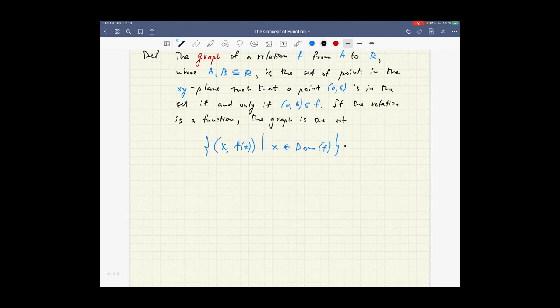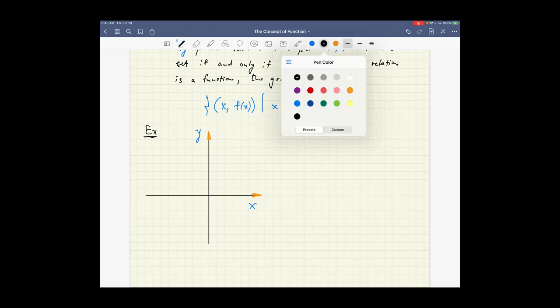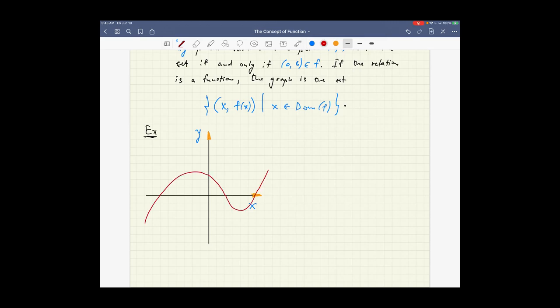Let's get to an example. We'll draw two pictures. One picture will be the graph of a function, and we will discuss why one picture is the graph of a function while the other picture is not.